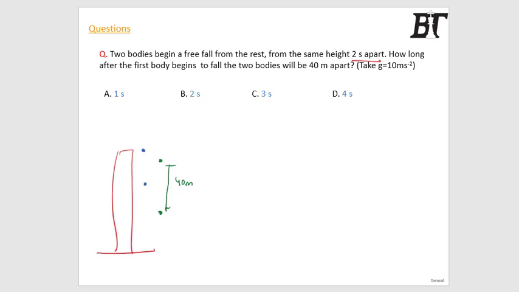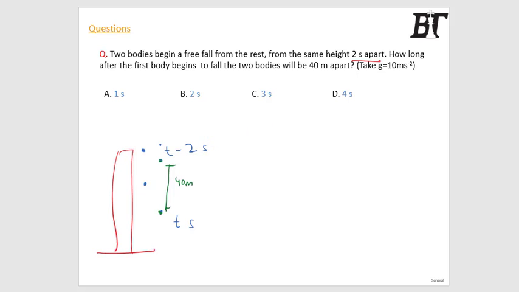Now if you see, let us assume that the first ball has been in air for t seconds. तो ये जो दूसरा बॉल है ये कितने सेकंड के लिए हवा में रहा है? इसको 2 सेकंड बाद छोड़ा था तो ये 2 सेकंड कम रहा है हवा में. So this has been in air or in motion for t minus 2 seconds.